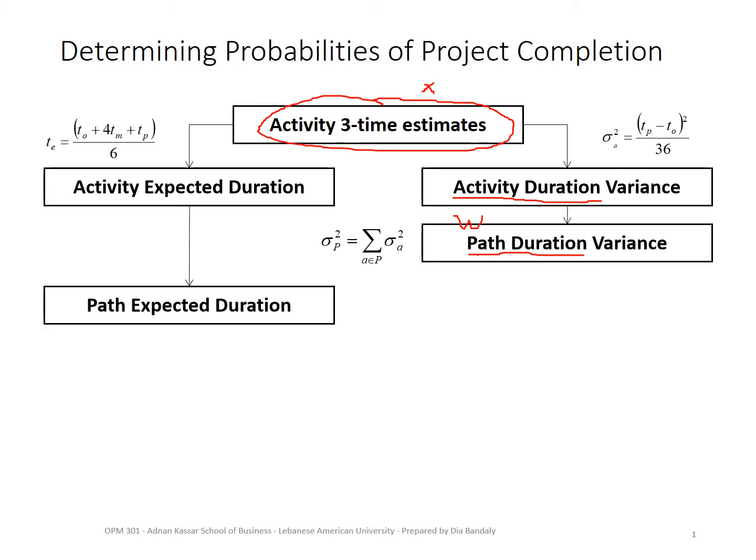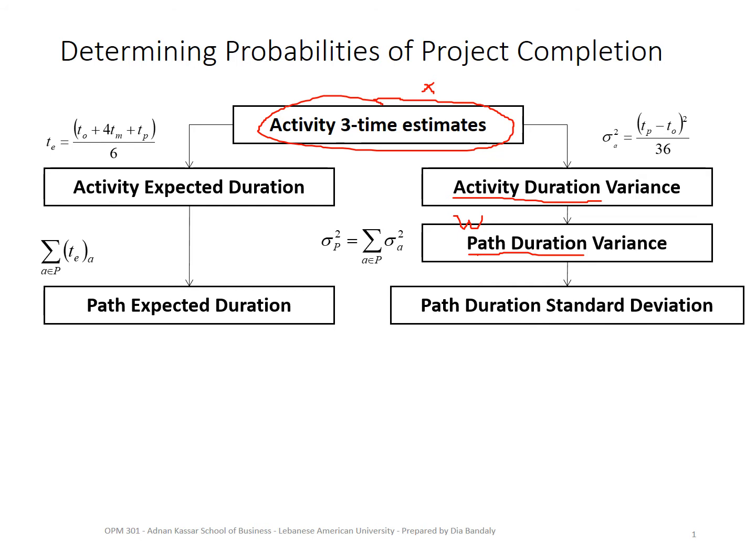Then from the activity expected duration, we can find the path expected duration. How? By summing up the expected durations of all the activities belonging to that path. And then from the path duration variance, I find the path duration standard deviation. I need that. I'm going to show you very soon why I need that.